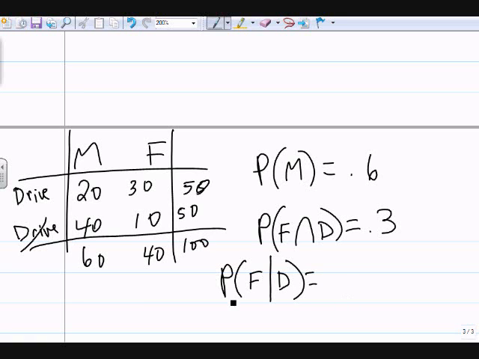So the probability of female given somebody that drives is the probability that they're female and drive over the probability they drive. Point 3 over my drivers are 0.5.